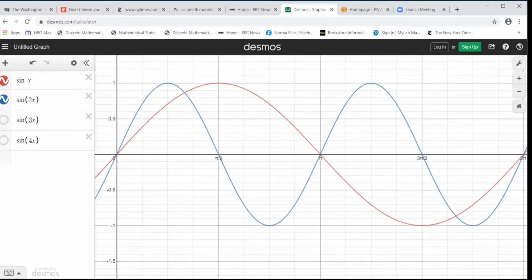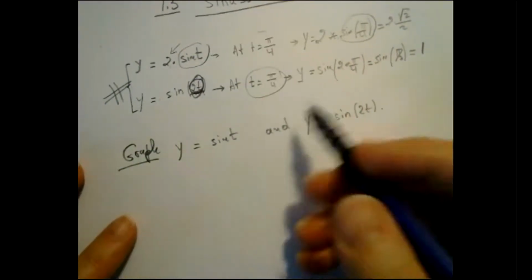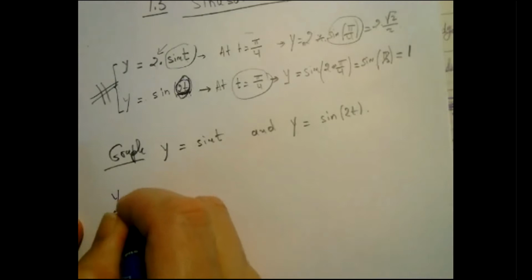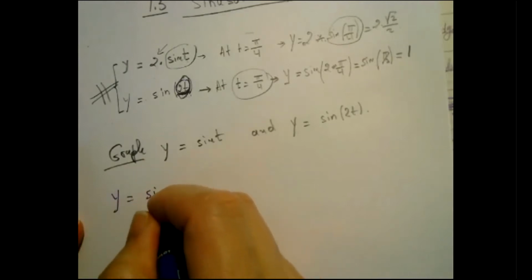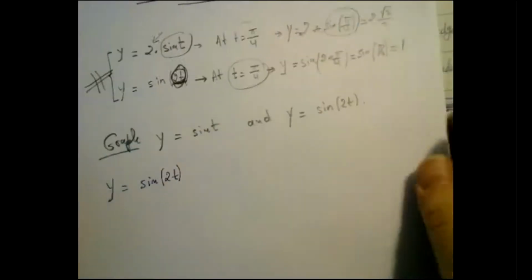So let us come up with the formula. I'm going to stop sharing with you guys and now I come back. Okay, so what's really the effect on the graph? The graph of y equals sine t versus the graph of y equals sine 2t. What do we notice here? What we notice is the following.